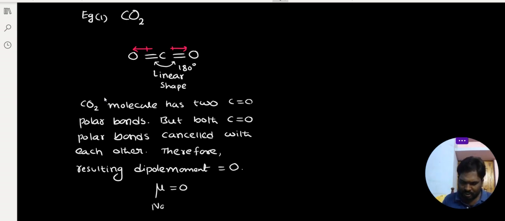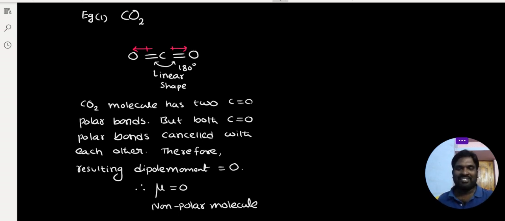Mu value 0 means a non-polar molecule. Understood? Very, very important. So this is a very important application: even though there are polar bonds, the final molecule is non-polar.